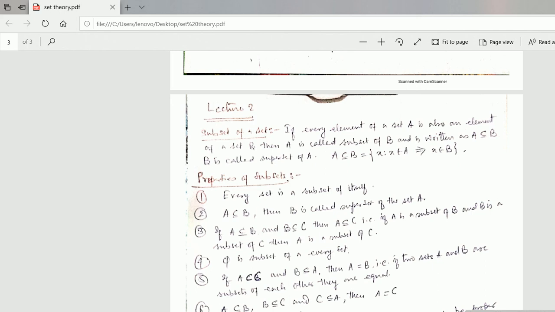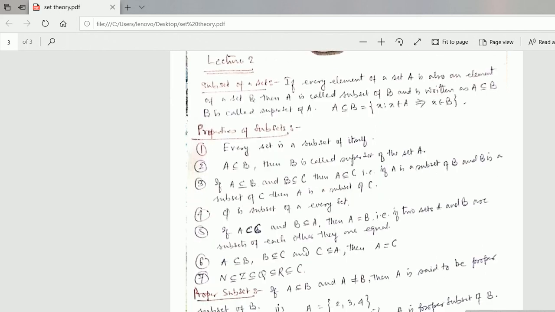In this case, what will B be called? B will be called the superset of A. It means A ⊆ B is equal to: x belongs to A implies x also belongs to B.